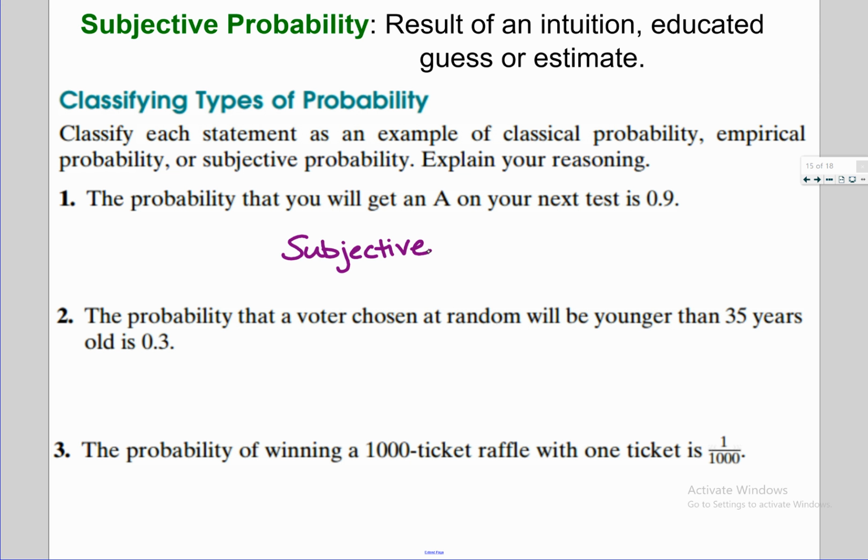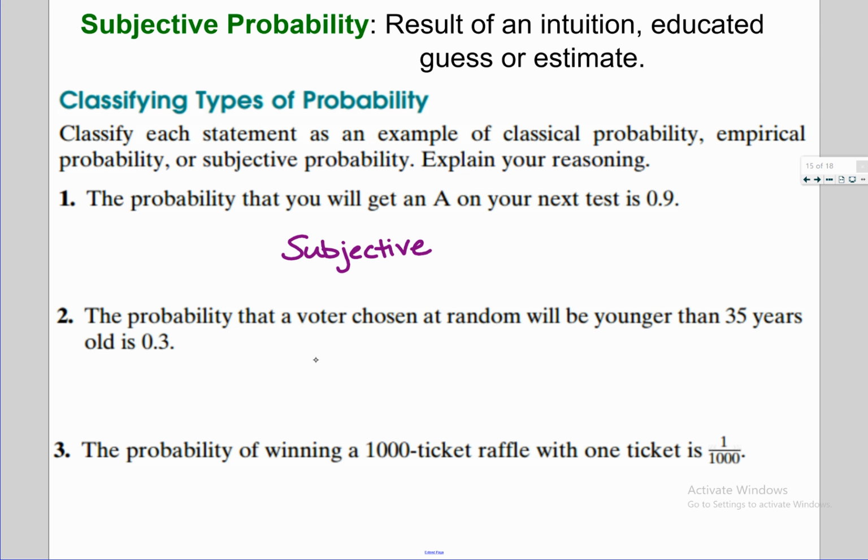This could be subjective. It could also be theoretical, so classical probability here as well. It depends on what information they're using to make this guess. If they're just saying, we think there's this many people, and so based on previous years, it's subjective. It could also be classical here, though, if they have data to show how many people are in the set. So I'm just going to leave that one open for interpretation. I feel like we do need a little more information on that one.